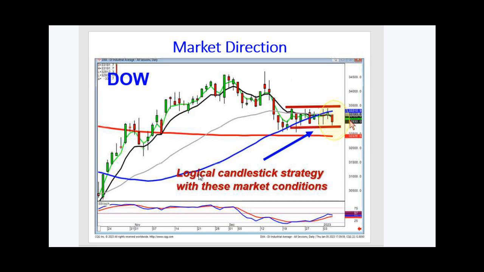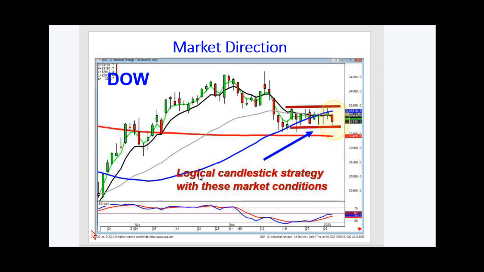Now, the advantage of candlestick scanning is we can see which sectors or which stocks have the most strength as far as bullish and which have the most strength as far as bearish. So if you're sitting in a market condition like this, the strategy changes, because we should probably have some longs and probably some shorts in our trading portfolio.